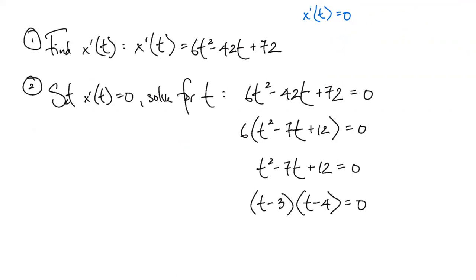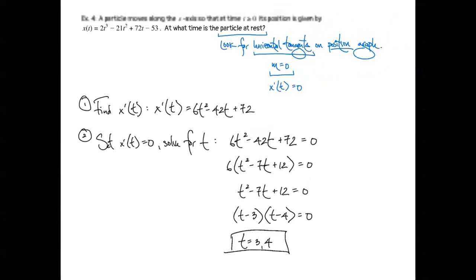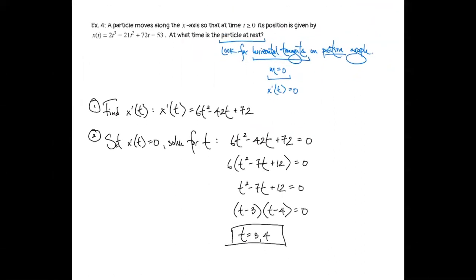And then we're going to set each piece equal to 0 and we'll get t equals 3 and t equals 4. Okay. That means that this particle's moving along, at t=3 it stops, goes in the other direction, and then 1 second later, it stops again.